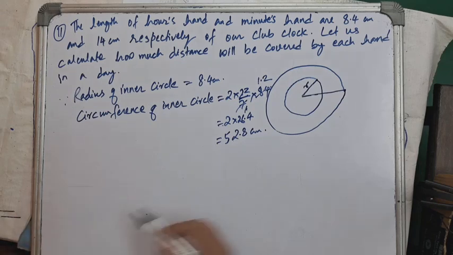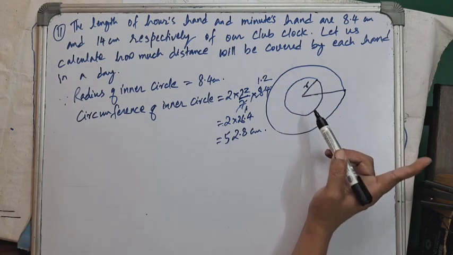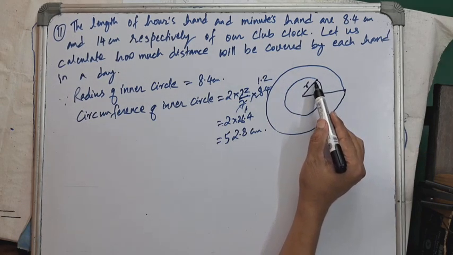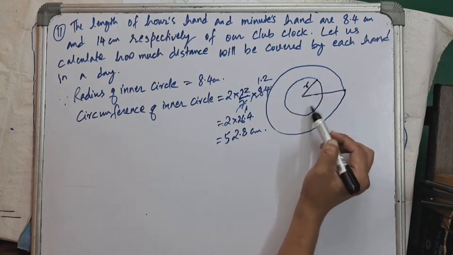So we are asked to find the distance covered by our hour hand in one day, isn't it? In one day, 24 hours, this hour hand will complete 2 revolutions.